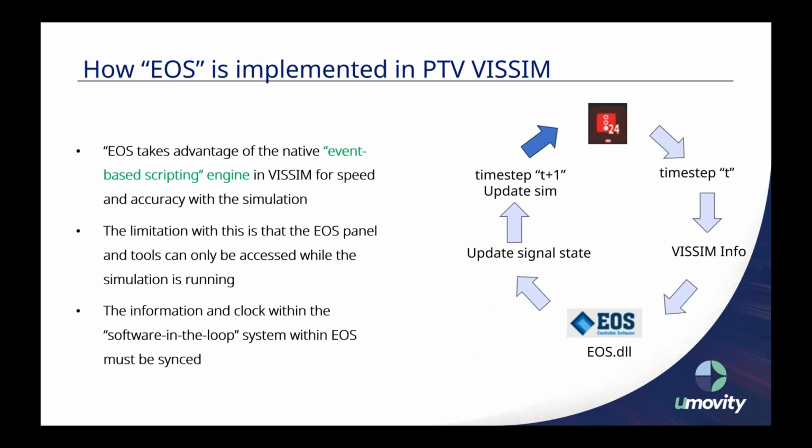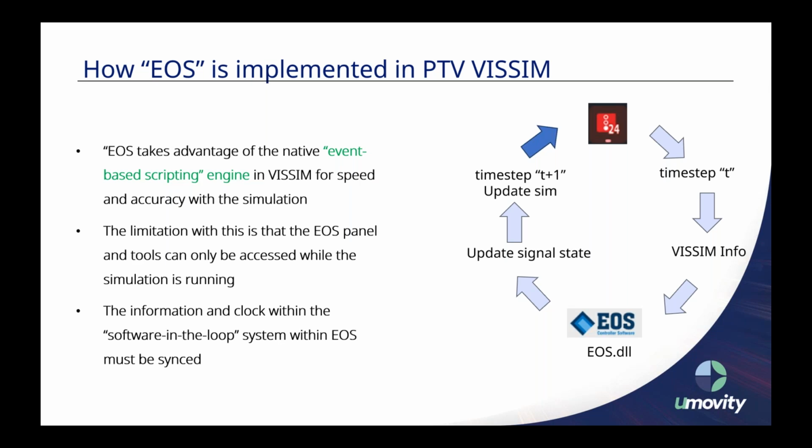What I've been alluding to this whole time is that the way that EOS has been implemented into Vissim in its current version is at a low, upper level. It's similar to the event-based scripting engine in Vissim, so that it can maintain the speed and accuracy and clock between reality and the EOS controller.